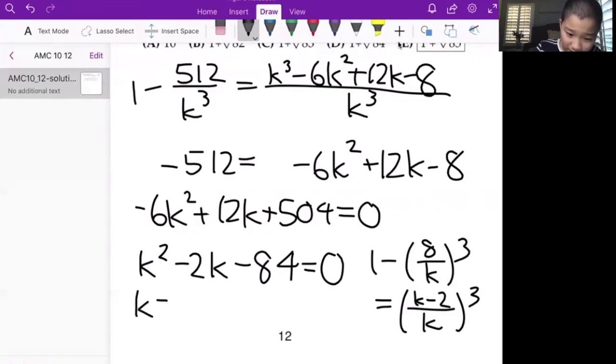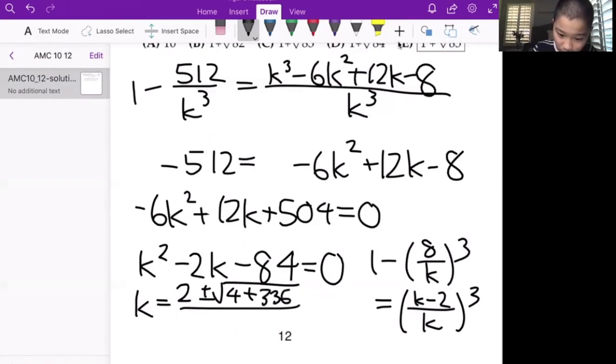So k is equal to, by the quadratic formula, 2 plus or minus the square root of negative 2 squared, which is 4, minus 4 times negative 84 times 1. So it's plus 4 times 84, which is 336, and over 2.